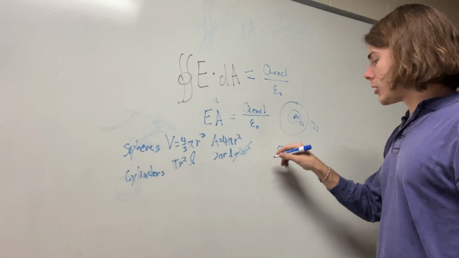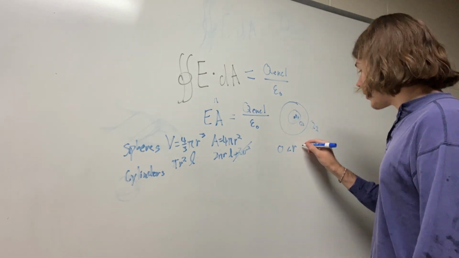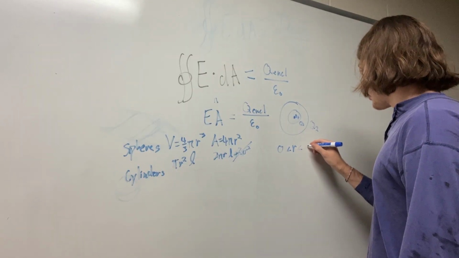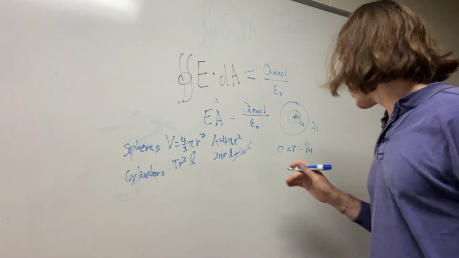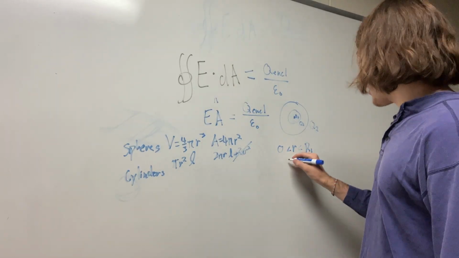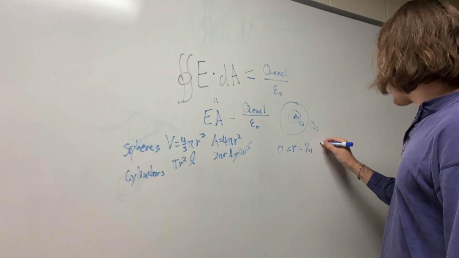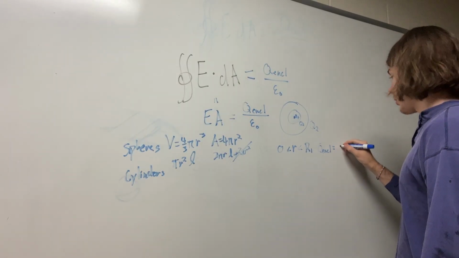So 0 is less than, not equal to, because if we set it equal to, we have a problem. 0 is less than R less than R1, and R1 goes out to Q1, right? And that's less than, not less than or equal to, right? We have Q enclosed equals Q0.